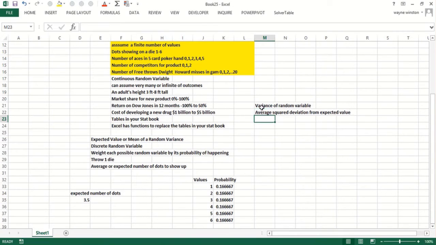And then the standard deviation is the square root of the variance. Okay, so what's the standard deviation of the number of dots showing up? Well, we need to figure out the squared deviation from the mean and just take the expected value of that.